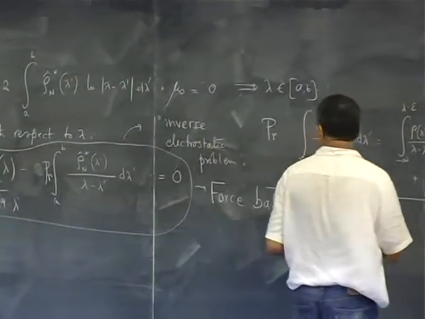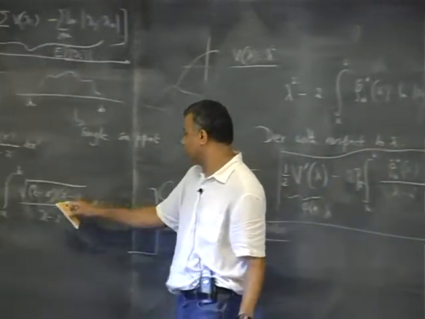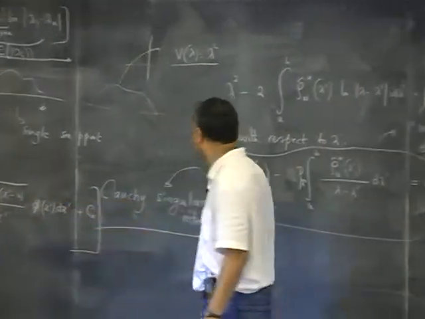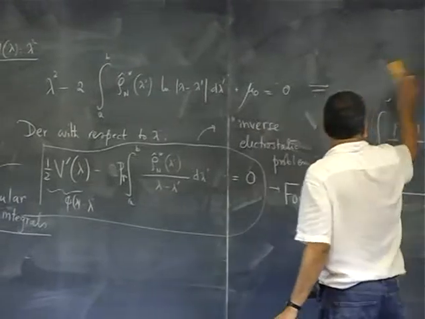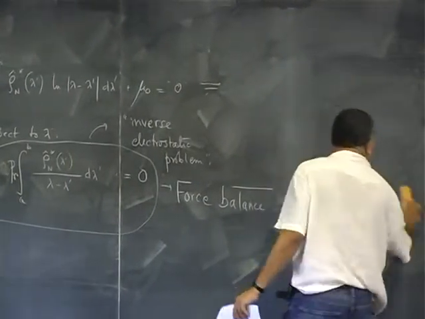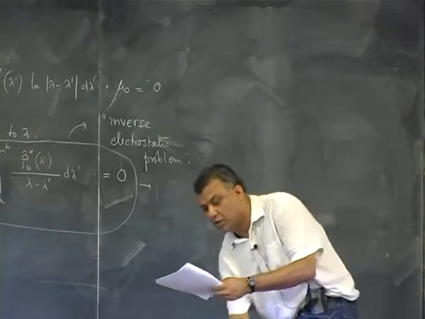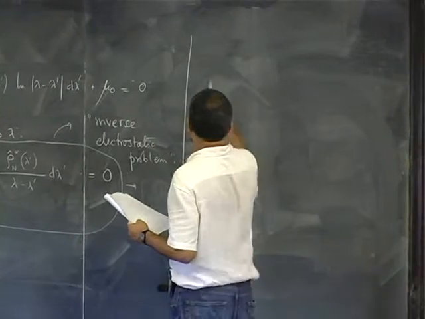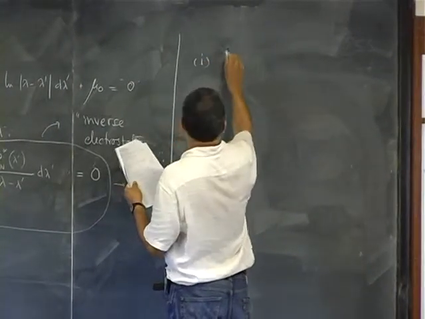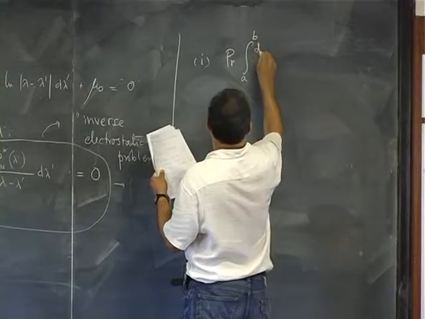But these days Mathematica can do all the integrals. If you give Mathematica some simple function, it can calculate these objects. So let me just write down some simple results for this principal value integral, which is quite useful when you evaluate these kinds of things. For instance, you can check with Mathematica.